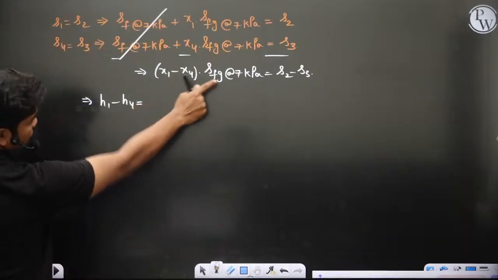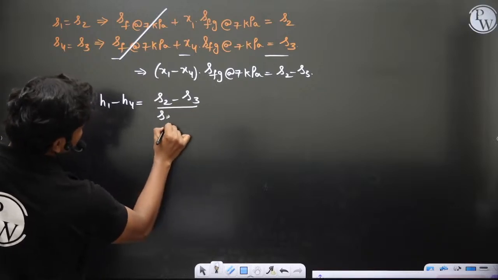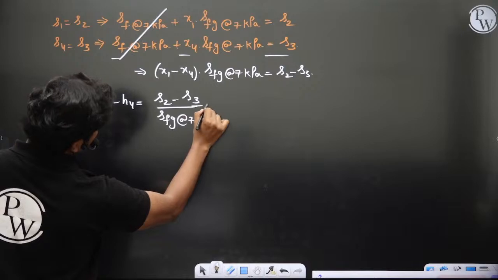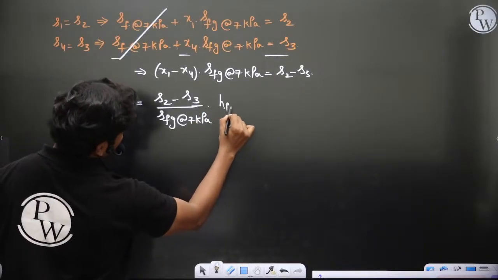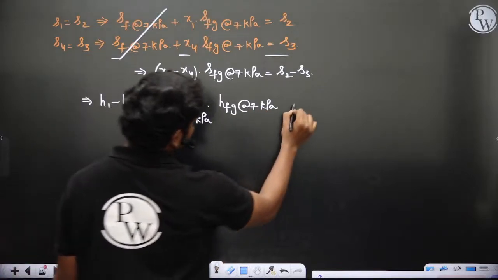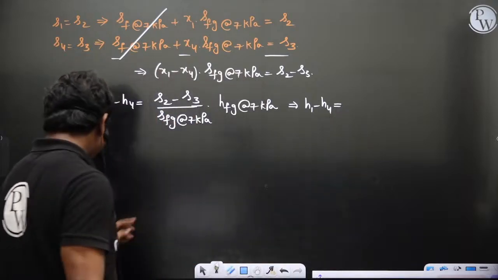What is x1 minus x4 from this? S2 minus S3 divided by Sfg at 7 kilopascals. So this value is x1 minus x4, into Hfg at 7 kilopascals. Clear? So this gives you H1 minus H4.